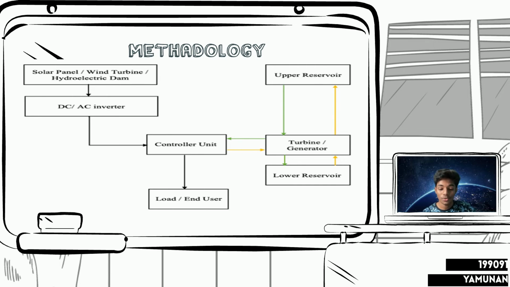Then it goes through the controller unit, and based on power demand, the controller unit decides either to give power to the turbine to pump the water uphill, or to run the water from the upper reservoir to the lower reservoir. Then finally, from the controller unit again, the electricity goes to the consumers. So that is all from me for today, and thank you.